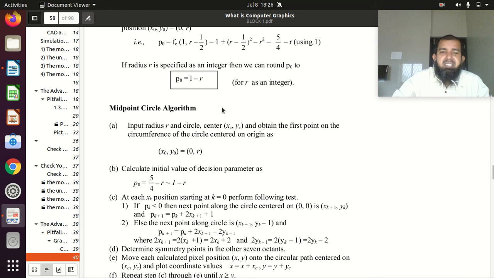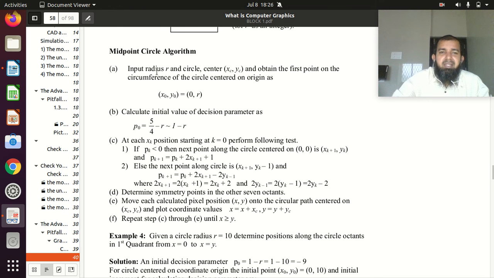Next, the midpoint circle algorithm: input radius r and circle center (xc, yc), and obtain the first point on the circumference of the circle centered on the origin. So the initial point (x0, y0) is (0, r).